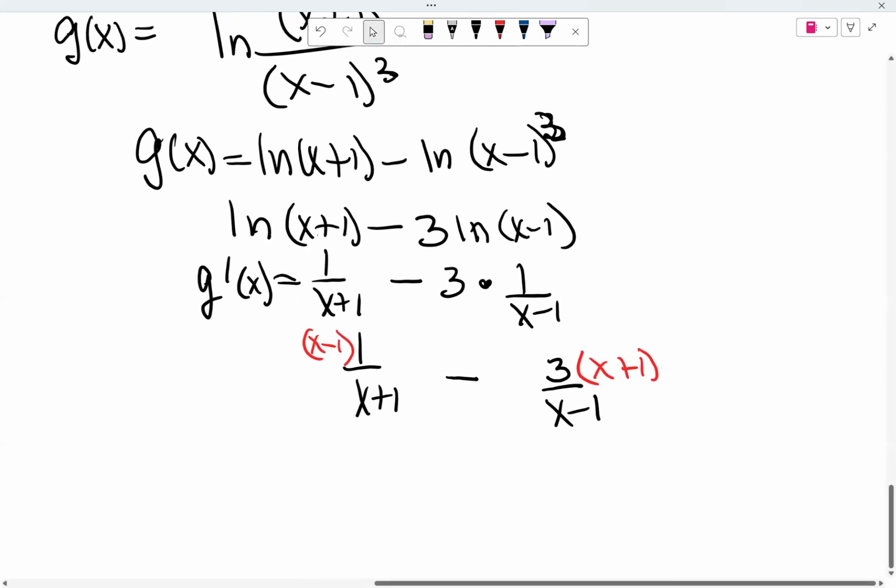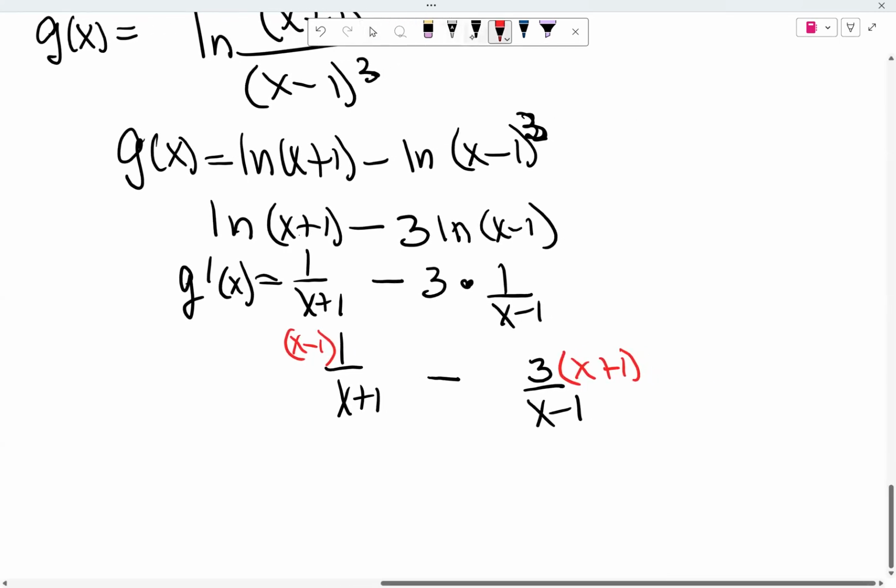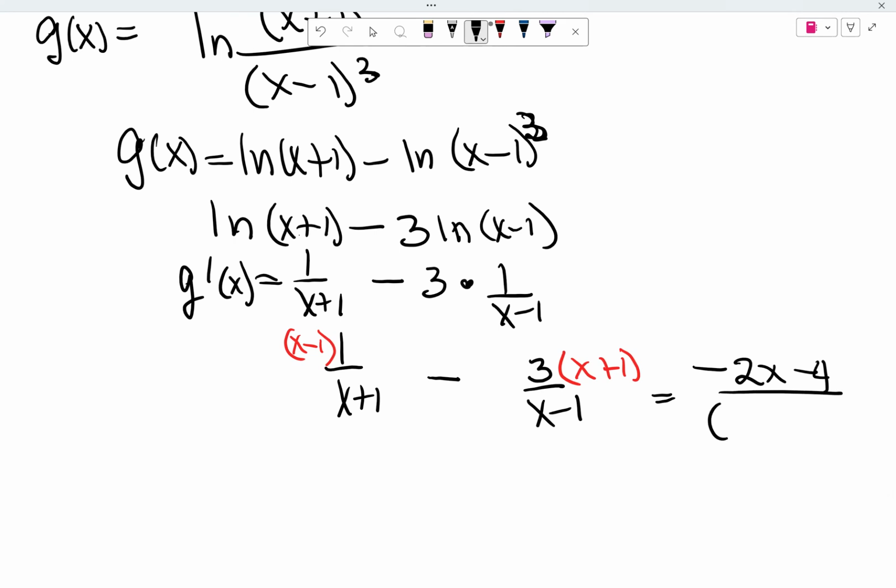And now, doing a little bit of algebra, you can see that we end up with x plus 1 and minus 3x minus 3, which gives us negative 2x minus 4 over the combined denominator of x plus 1 times x minus 1. Make sense?